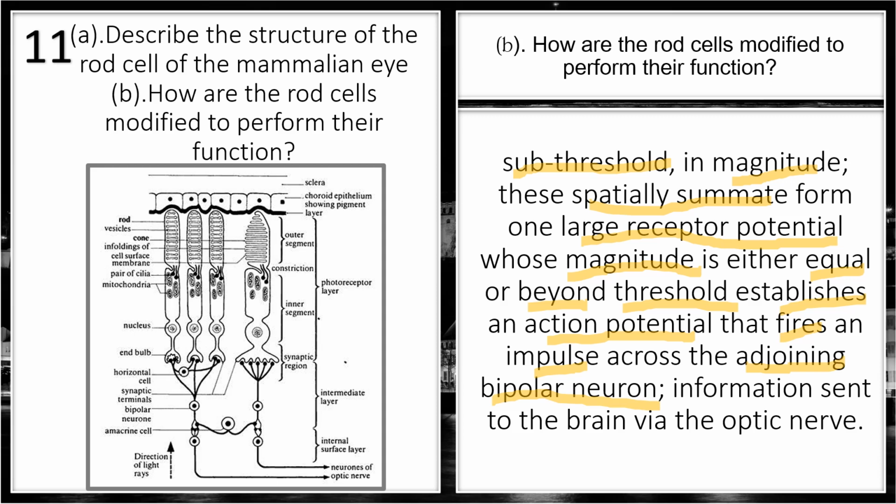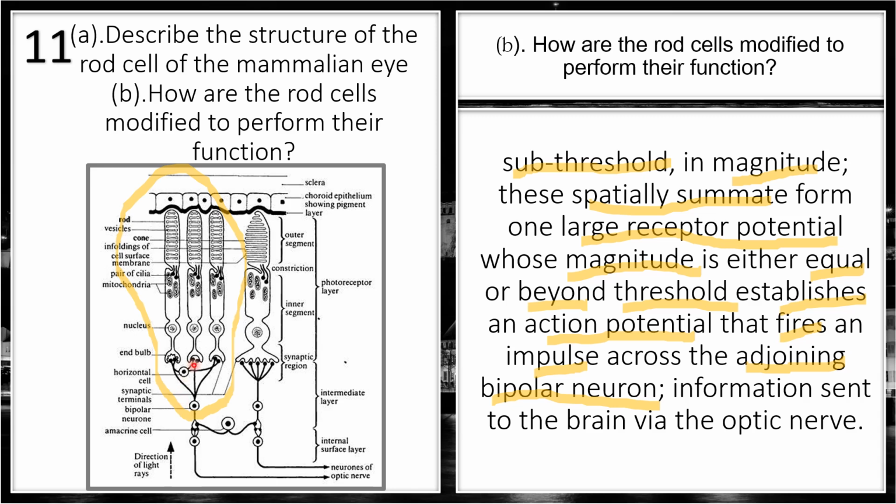So here, when the 3 of them fire, when they generate the generator potential, each one contributes its generator potential. And that is what we are calling the spatial summation. And all of them will go to one bipolar neuron.